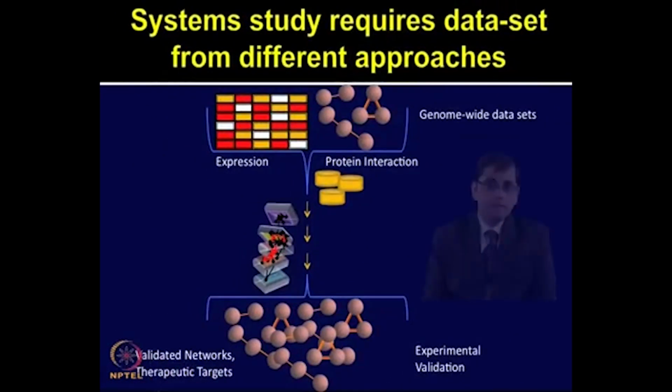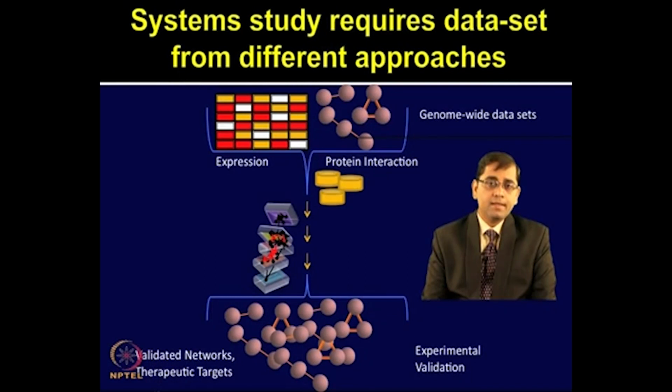The system study requires obtaining data sets from different approaches and analyzing them together. For example, as shown in this slide, the genome wide data sets can be derived at the genome level, and looking at the expression of different transcripts, or at the proteome level, one could look at different types of protein interactions.